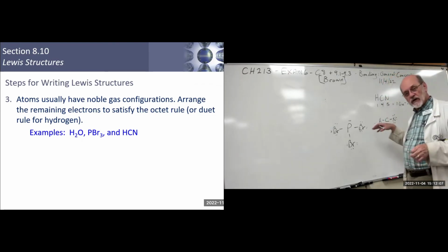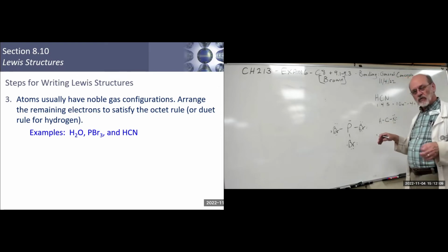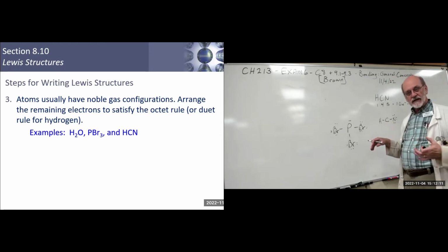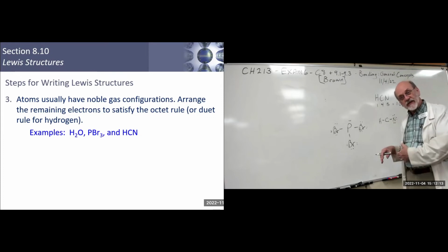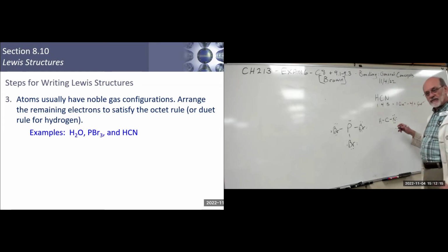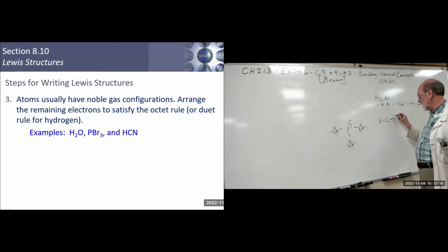How do you move those electrons around so that you don't rob nitrogen of its octet, but you give carbon its octet? You make another bond. You take a lone pair and make a bond, right? Take this one, and you take this one.